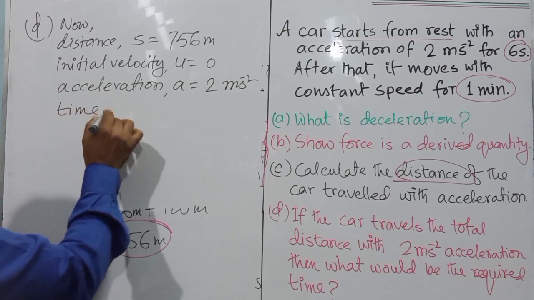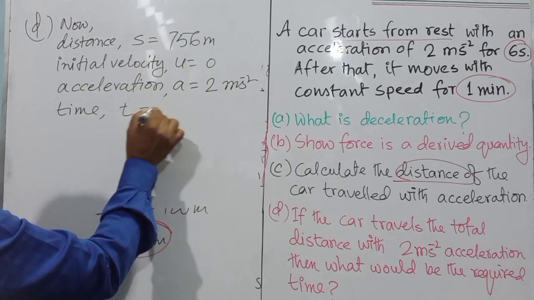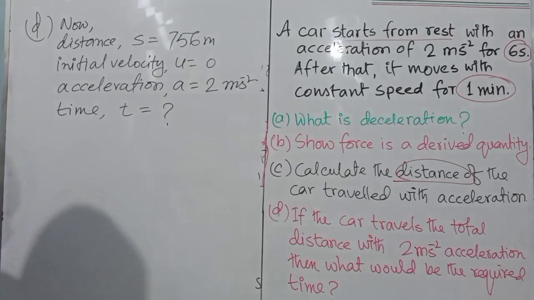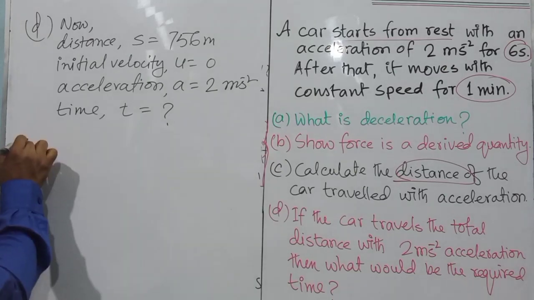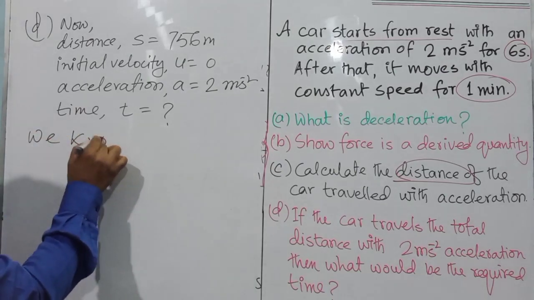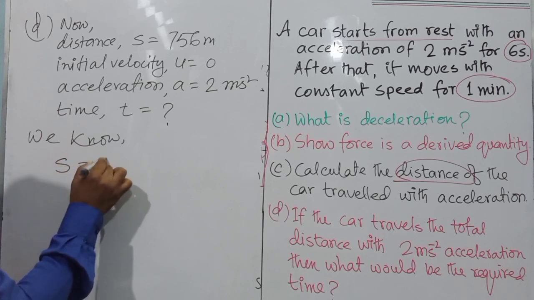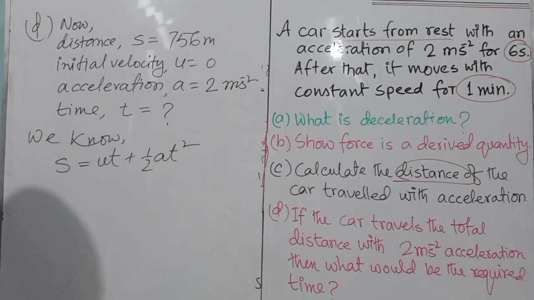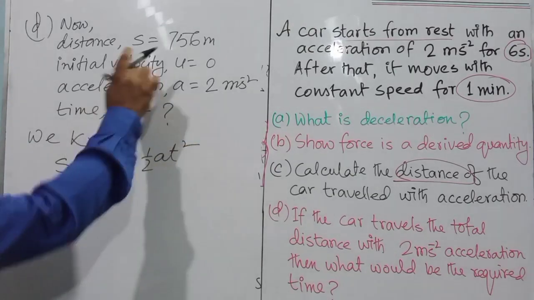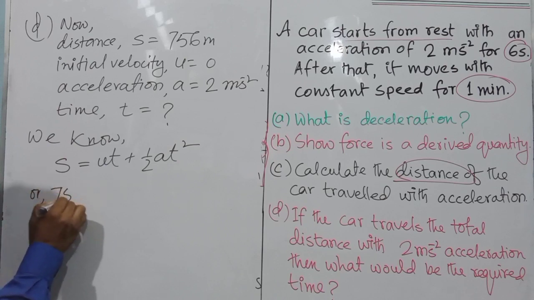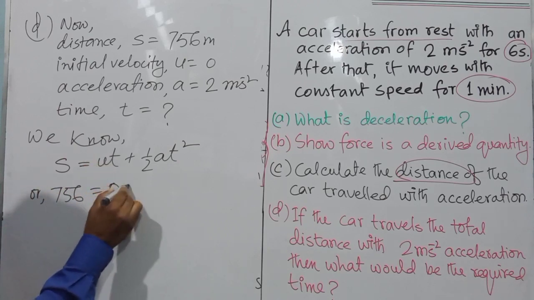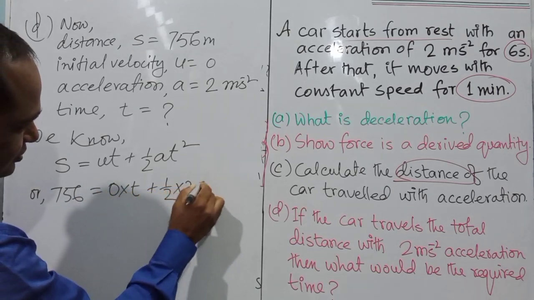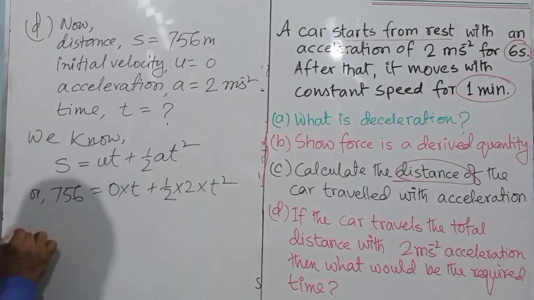Time, required time to travel this distance, is denoted by t is equal to what? We know s is equal to ut plus half a t square. The value of S is 756 meter. Value of u is equal to 0 multiplied by t plus half into 2 multiplied by t square.